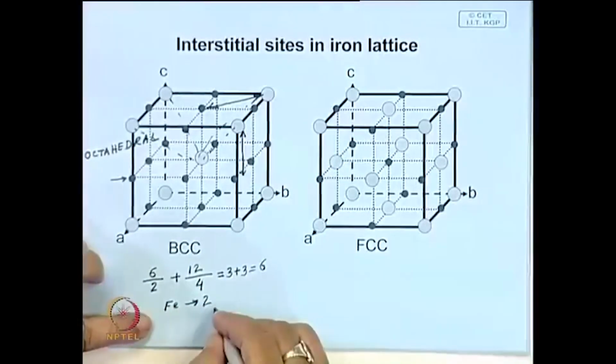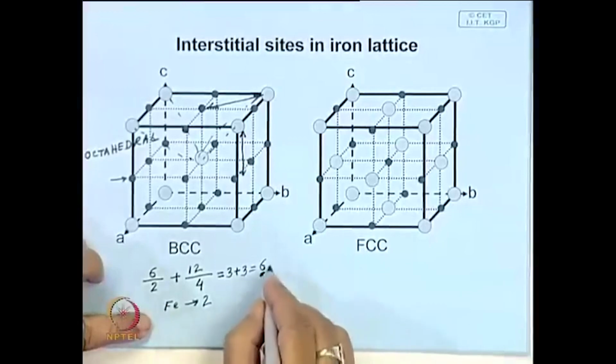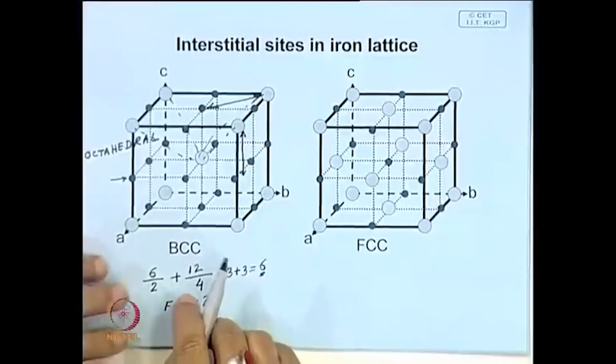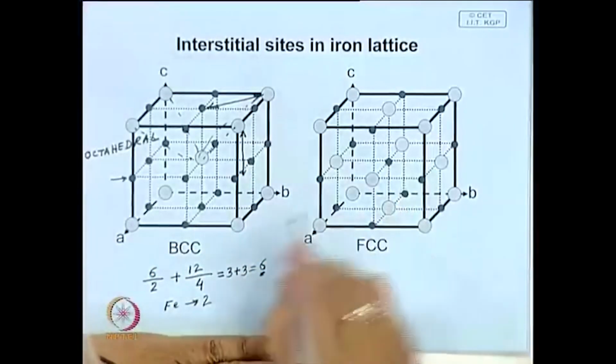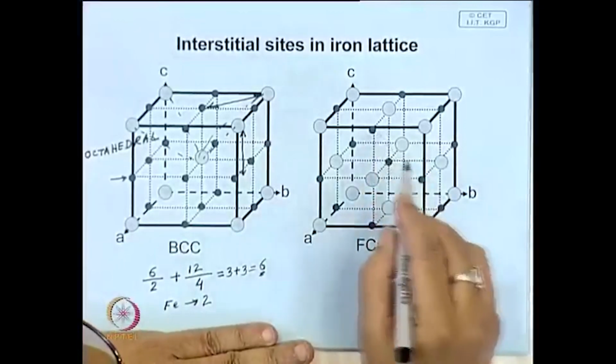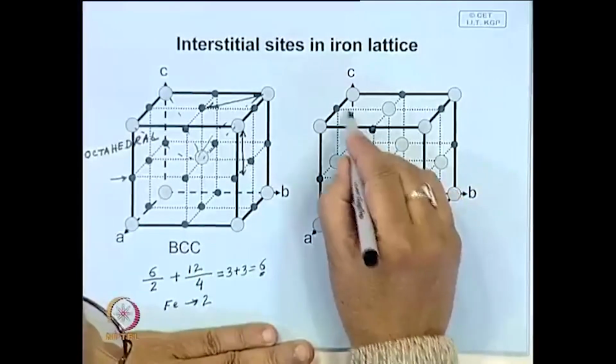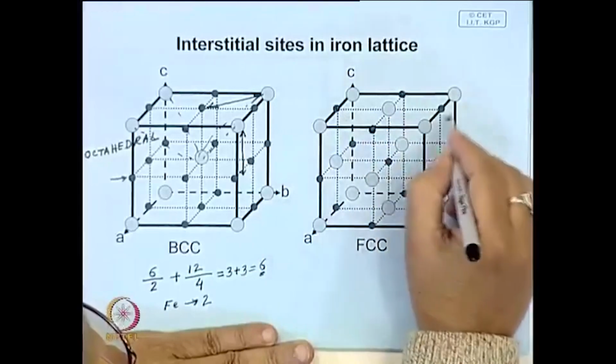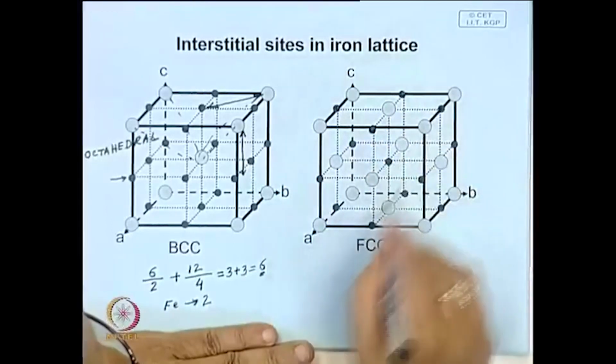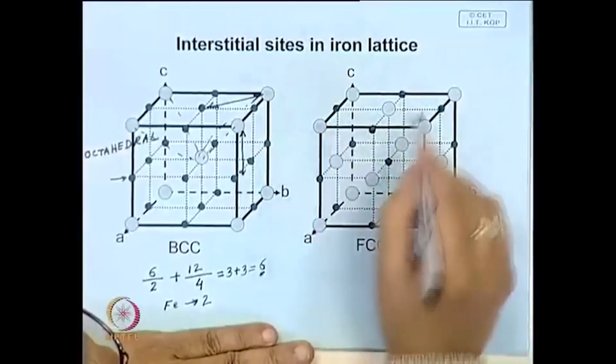So, for every one iron atom you have 3 interstitial sites, whereas if you look at the face centered cubic structure, here also these are called octahedral sites, which are at the centers of the edges.